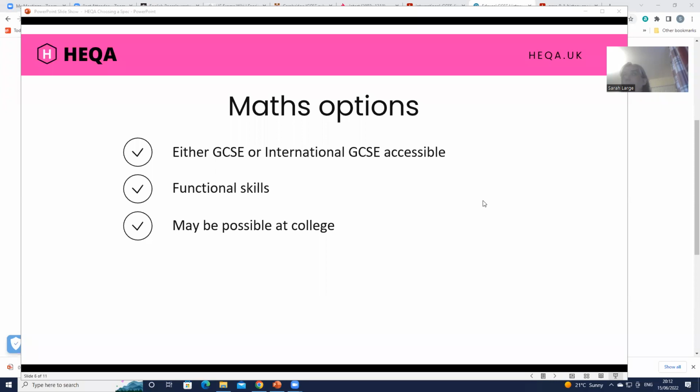Some people will find yes, they are. Some people are finding no, they're not. So it very much depends on what you want. And they're not necessarily easier. They're written for adults who have not achieved GCSE English and need a maths qualification at that level. So the questions are quite wordy.